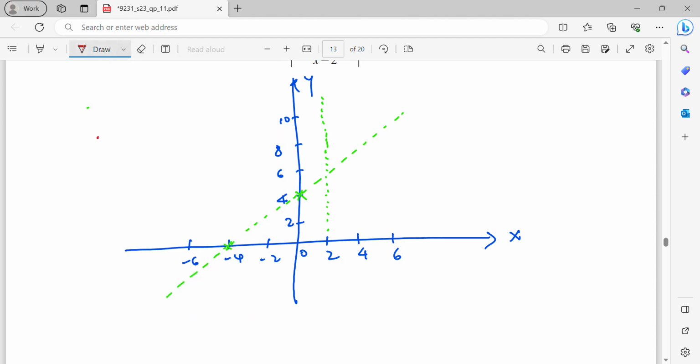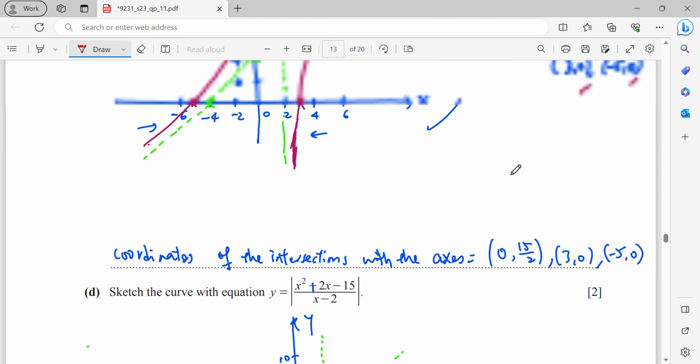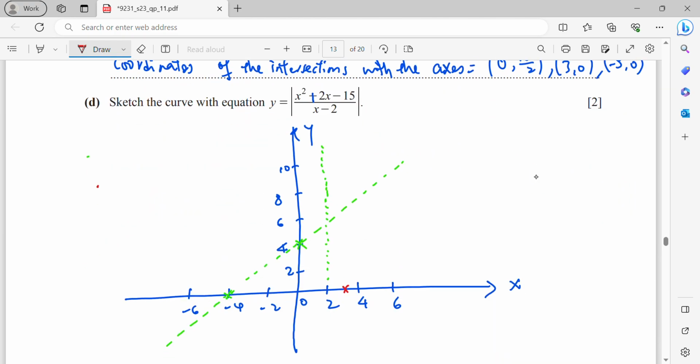Okay, and together with my points, 3, 0, and then negative 5, 0, and then 7.5, 0, 0, 7.5. Now I will draw the graph.